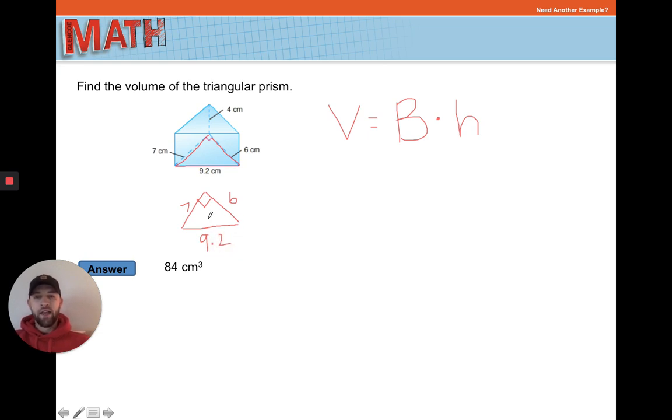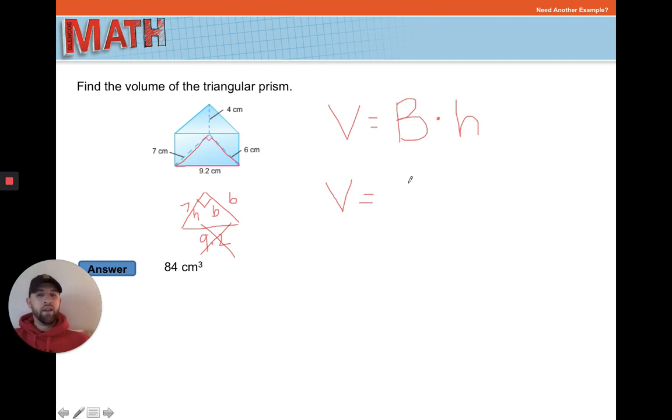Okay, technically, if I was to flip this properly, this should be my base, this should be my height. I'm actually not even going to use 9 and 2/10 here. That's my diagonal line. I don't want that. So let's go ahead and plug this in here. Volume is equal to capital B, which is the area of the base, right?